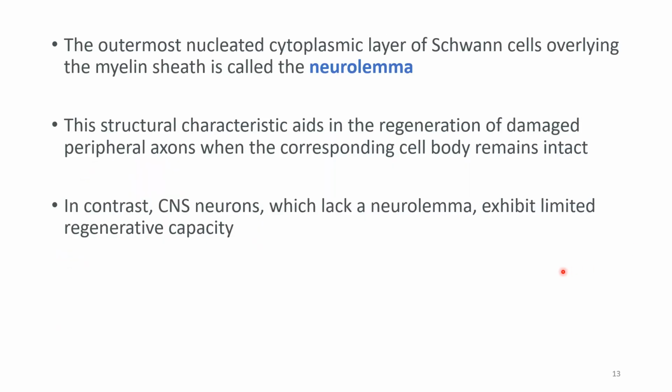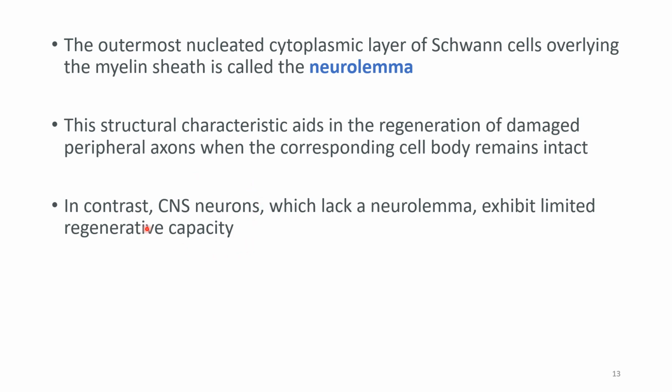Now coming to the neurolemma. This is the outermost cytoplasmic layer of Schwann cells which is overlying the myelin sheath, and it is called the neurolemma. It is important in the regeneration of the damaged peripheral axons.